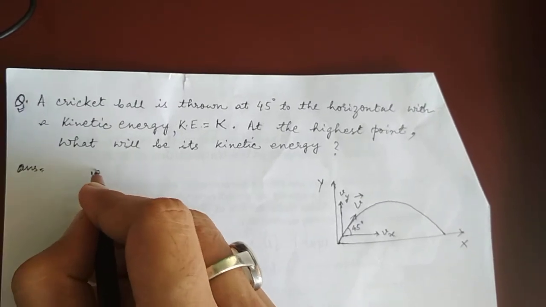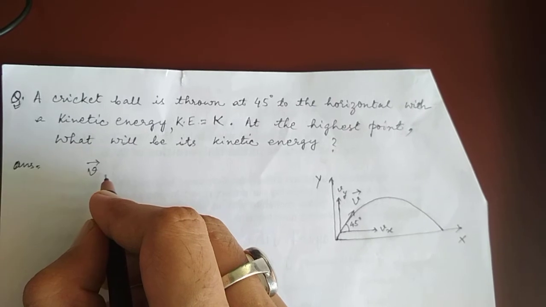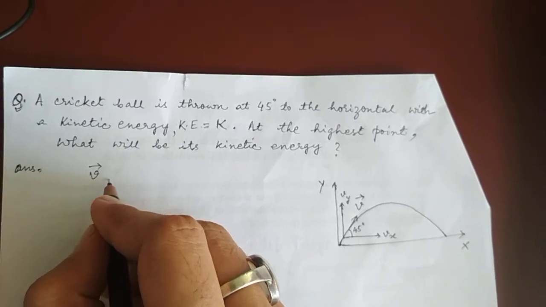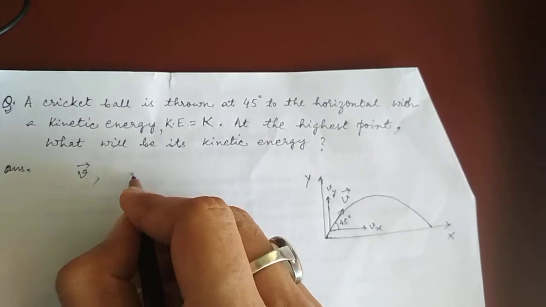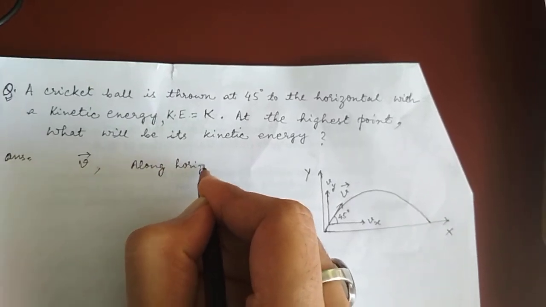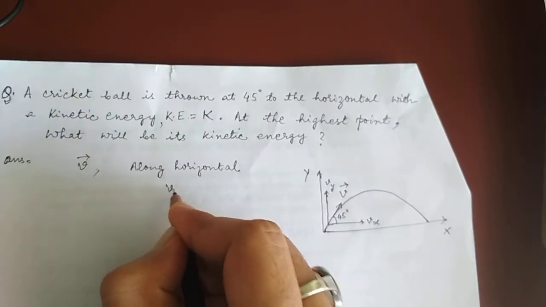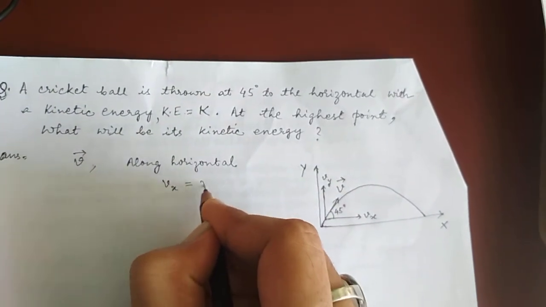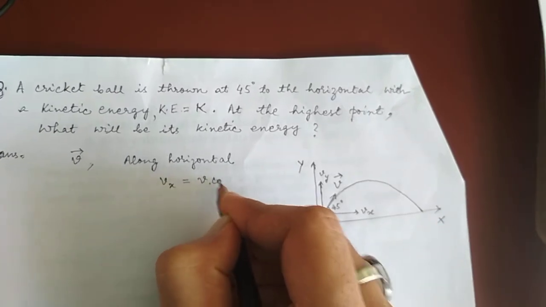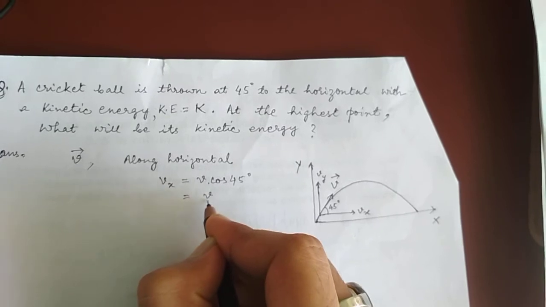So if the initial given velocity is vector v, then along the horizontal you have Vx equals v cos 45 degrees, which is v by root 2.